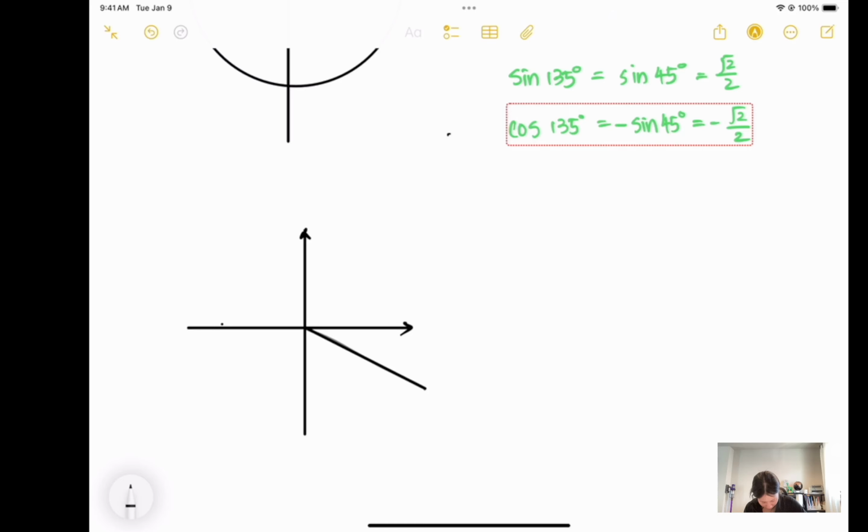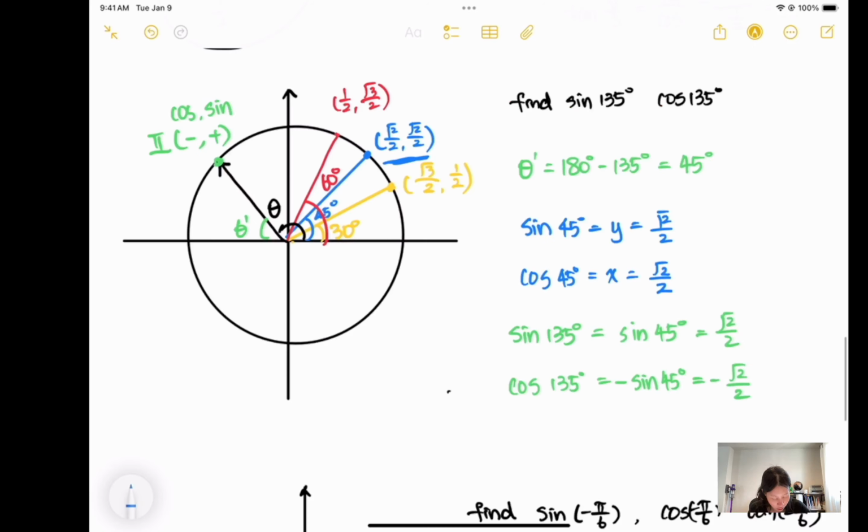So now the reference angle is positive pi over 6. And now sine pi over 6 is equal to what? Look back here. Pi over 6 is 30 degrees, which is the yellow one. Sine is equal to 1/2. Cosine is the x coordinate, which is square root of 3 over 2. And we can do tangent later.